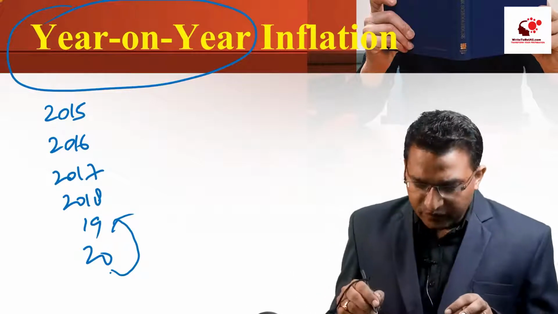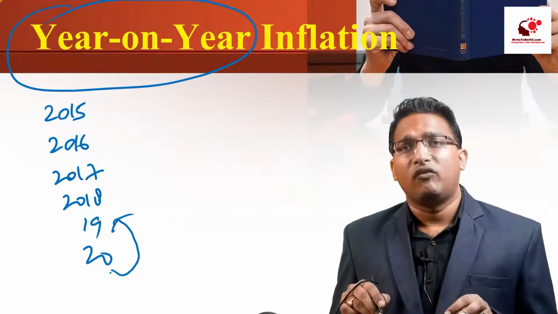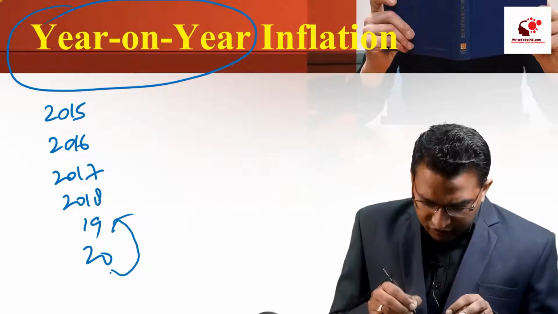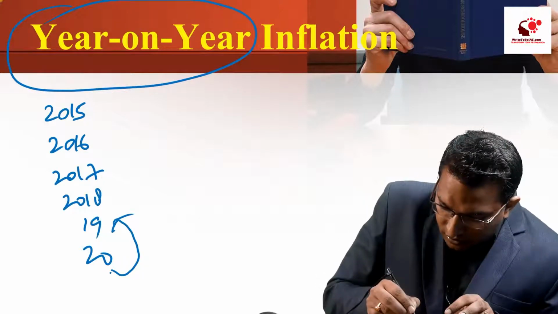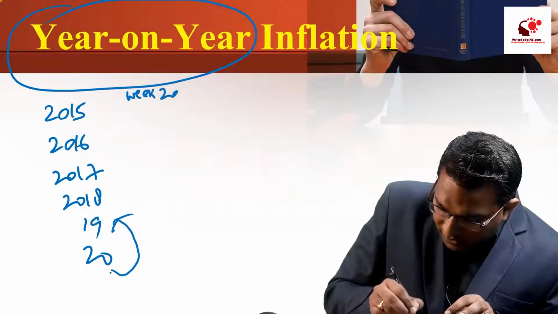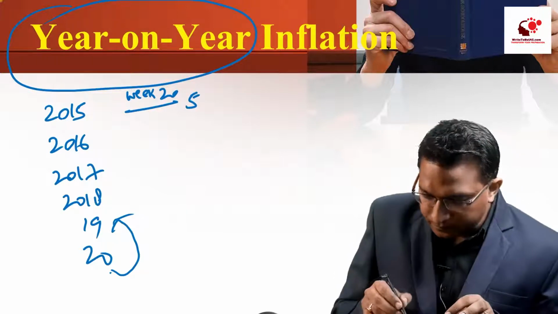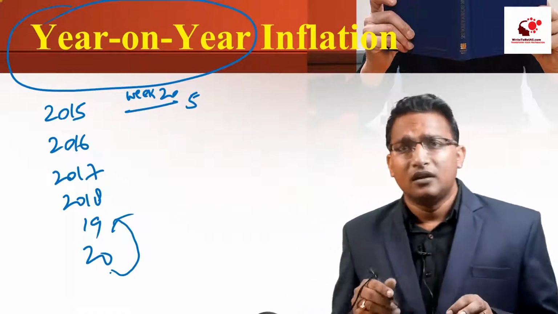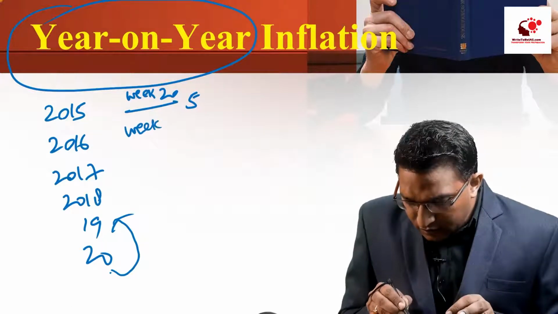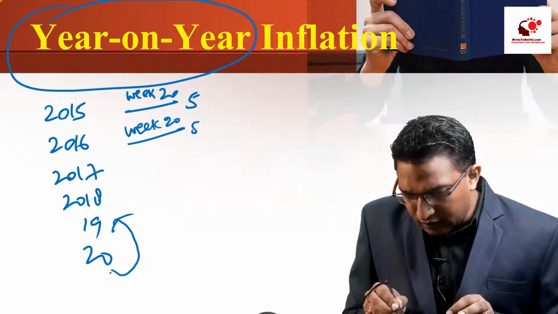So, for example, coming back to the example of a cup of tea. If the price of that cup of tea in week 20 was 5 rupees in 2016, we will compare the price of tea in week 20 only.